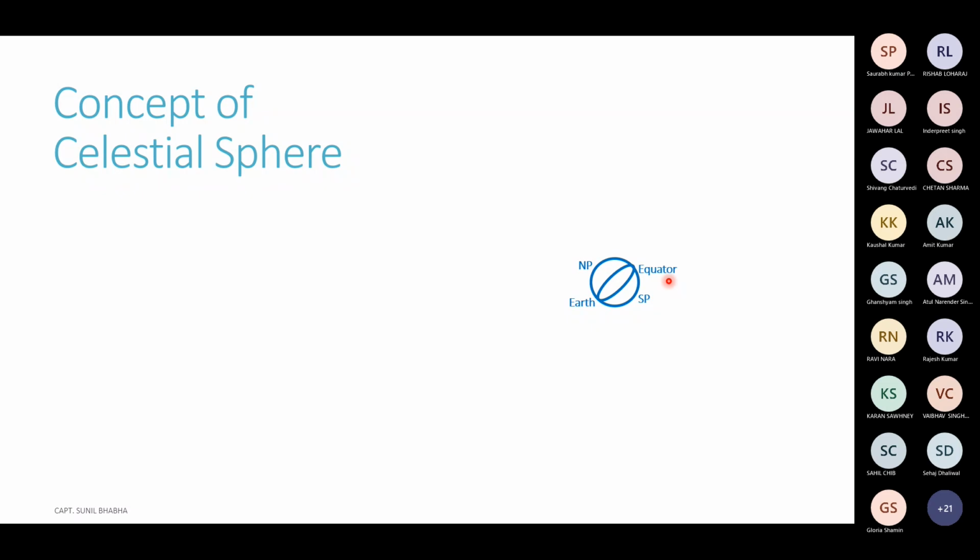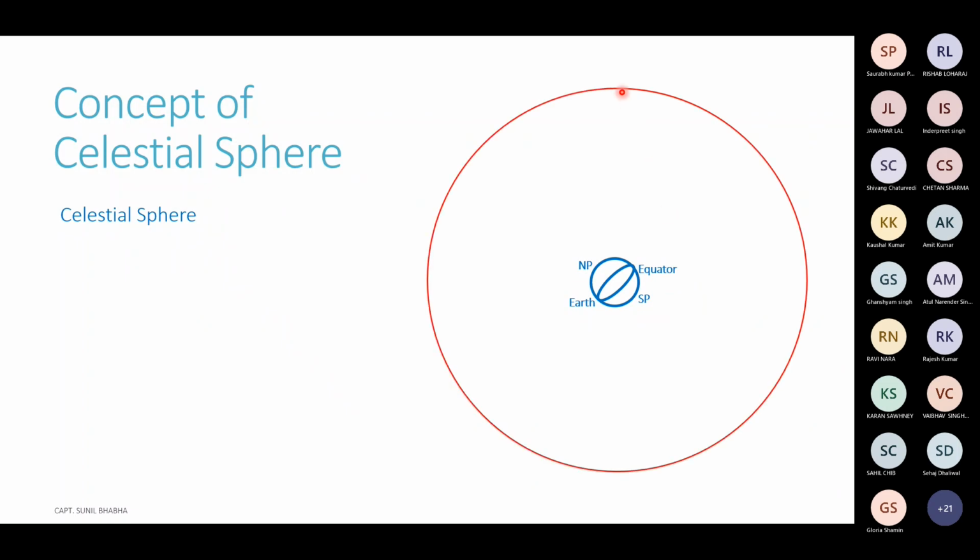Now, once we have the Earth, the poles, and the equator in our diagram, we can proceed to understand the celestial sphere. You see this bigger red circle in the diagram. This bigger red circle represents the celestial sphere.